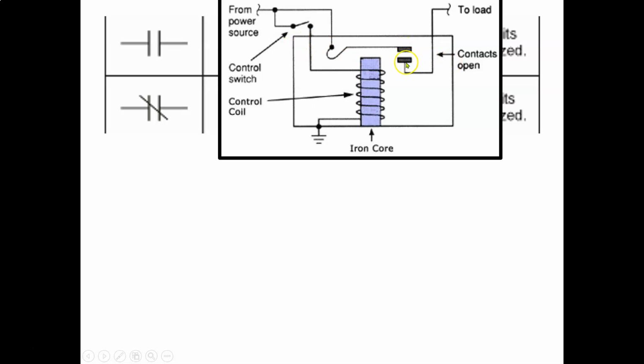And if I close these contacts here, you can see that I now have a path going through to my load. And if I de-energize this coil, this armature is going to spring back. There should be a return spring here, right? Maybe that's what this is here. These contacts are then going to open, turning off my circuit. Okay.